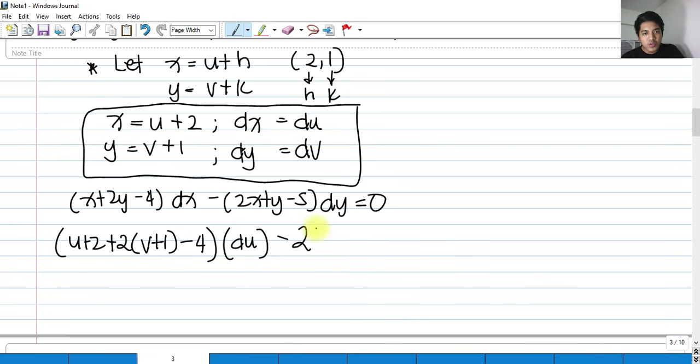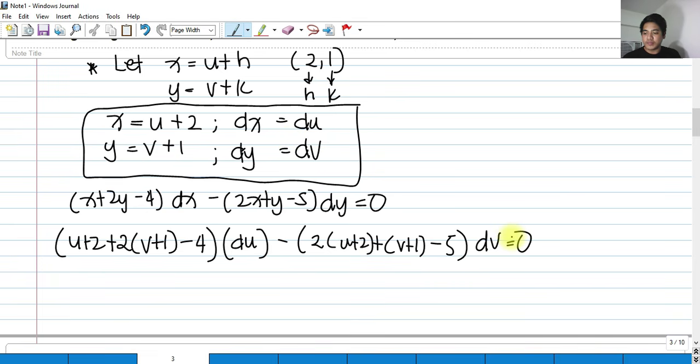Minus, let me just rewrite this neatly, minus (2 times the x, which is u plus 2, plus v plus 1, that's the y, minus 5), and we have the dy, which is now simply equal to dv.